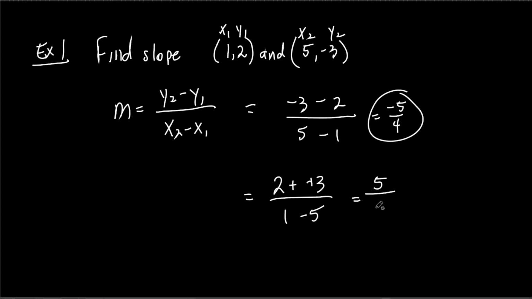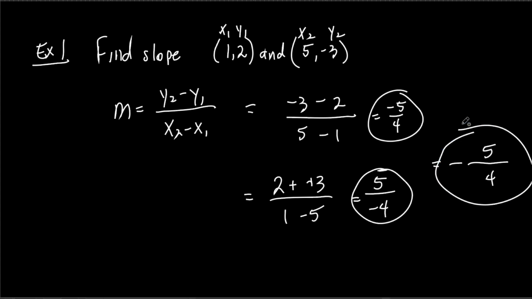Over 1 minus 5 is negative 4. Is negative 5 fourths the same as positive 5 over negative 4? It is. It's exactly the same. Or you could put the negative right in between, in the fraction. All three of these mean exactly the same thing. So I would accept any of those. So that's how you find the slope.